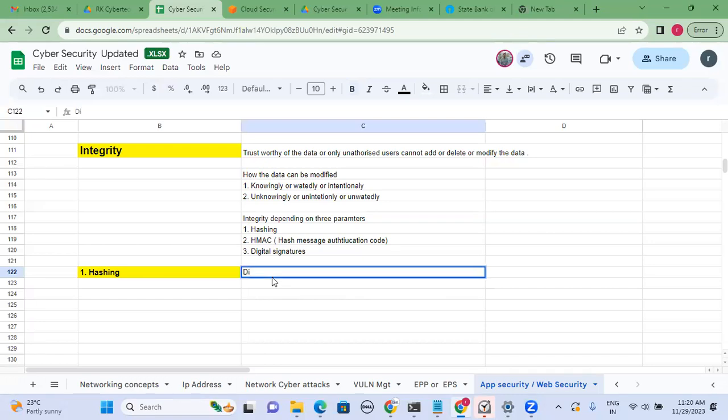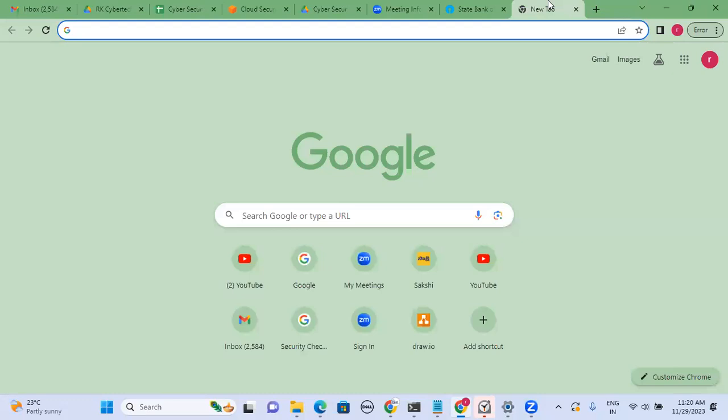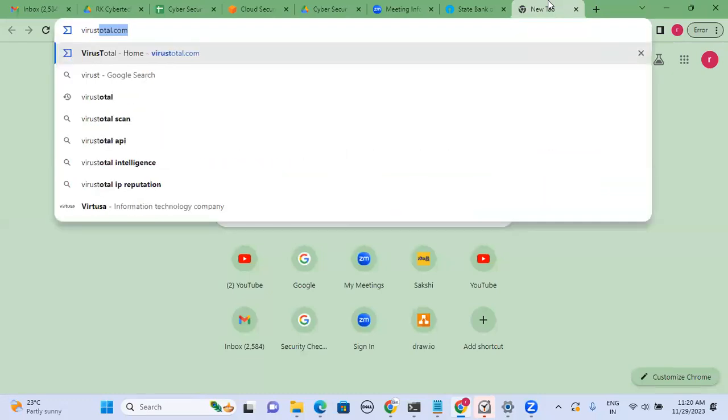Digital representation of the file is called hashing. Example, I will take one file now. How can we see the digital representation? So now I'm going to virustotal.com.